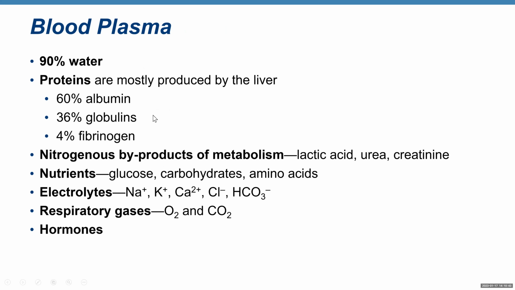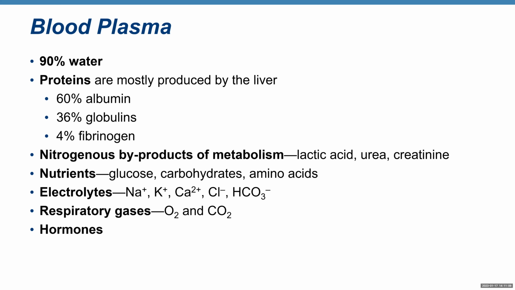Blood plasma is about 90% water. The rest are proteins and other chemicals. Proteins are mostly produced by the liver. Out of these proteins, 60% albumin, 36% globulins, and about 4% fibrinogen.